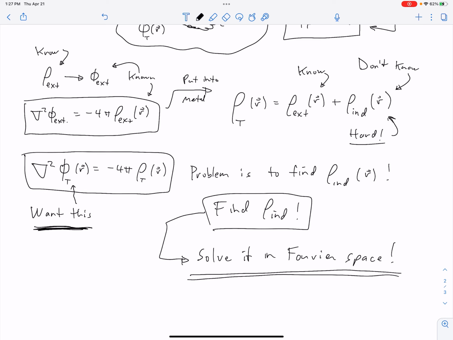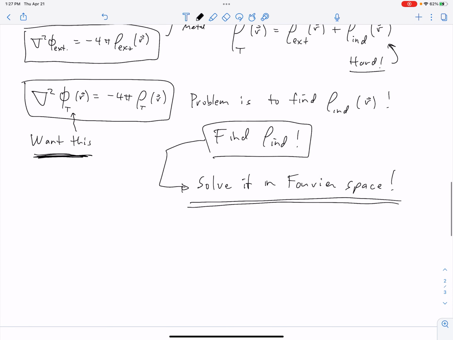But it actually works quite nicely in solid-state systems. It's a really nice way to think about things. So let's approach the problem like this. Let's assume that we know rho external.